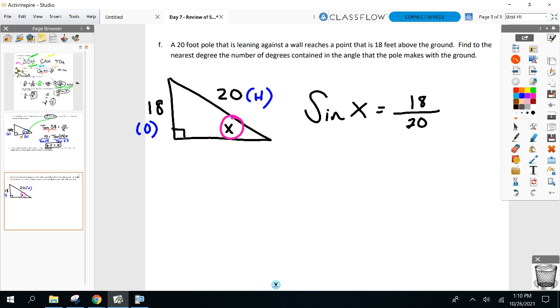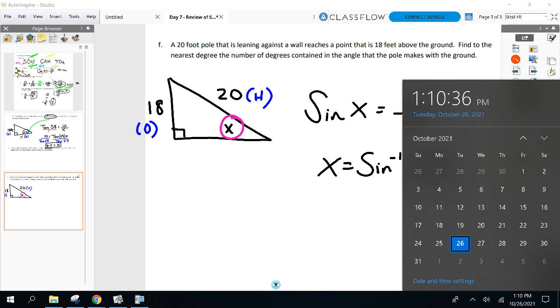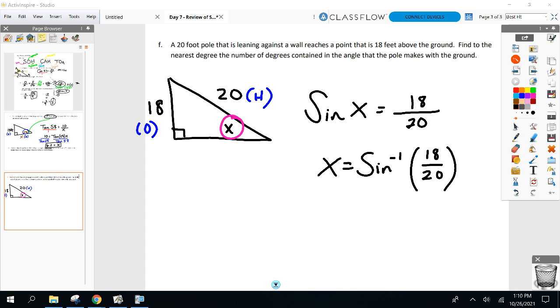Do you see how you have a sine to the -1 button right above the sine button? That's what we're going to do. We're going to go second sine, which is called inverse. Inverse sine, and we're going to plug in that 18 over 20. That's what I do only when finding an angle. Do not cross multiply when finding an angle.